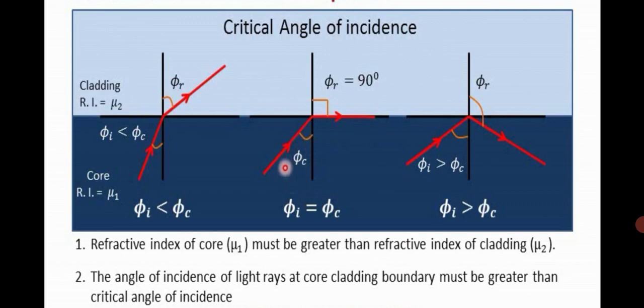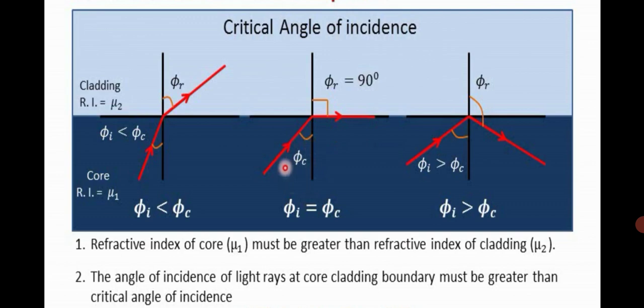When light falls on the boundary between two media with an angle less than the critical angle, the light is refracted. When light is incident from the denser medium to the rarer medium, it bends away from the normal. Phi r is the angle of refraction.